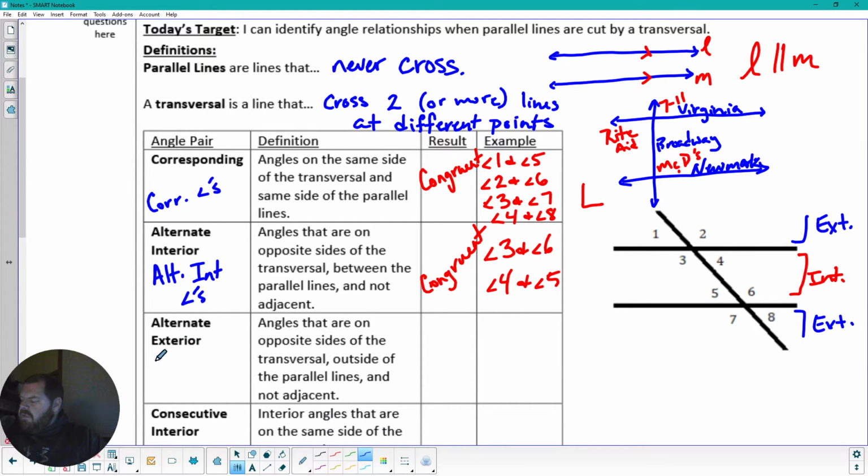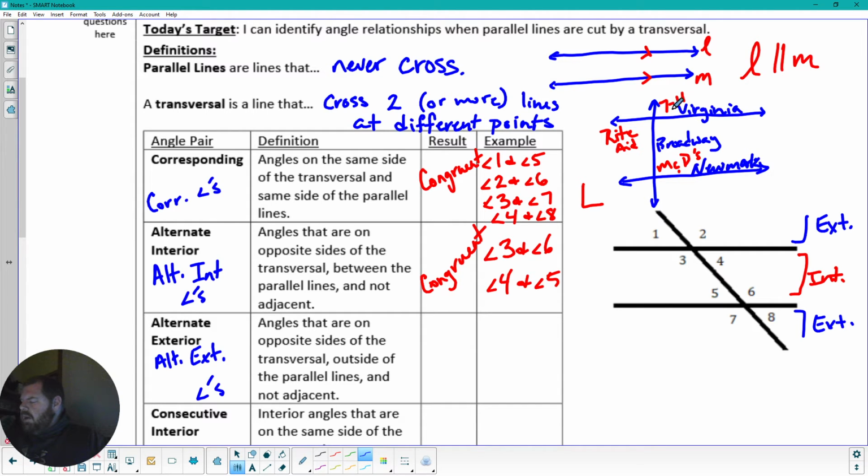The next one we have is alternate exterior, so we'll say alt ext. Oops, not alt x. We want to throw that t in there. Angles. They are angles that are on opposite sides of the transversal, outside the parallel lines, and not adjacent. Technically, all the things in that definition are needed to say it verbally, but it's a little bit easier than that.